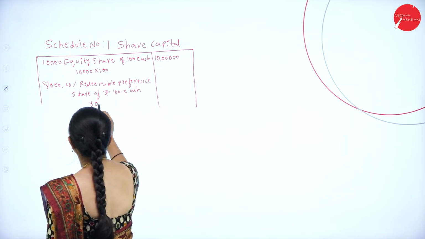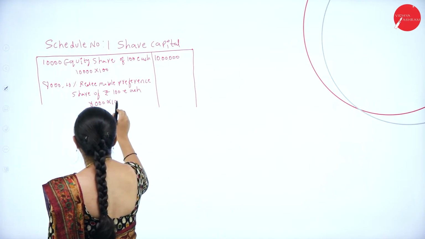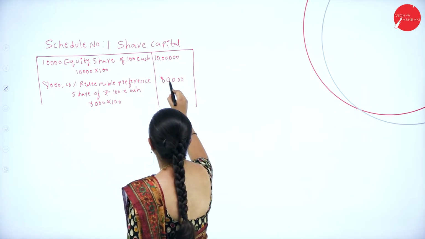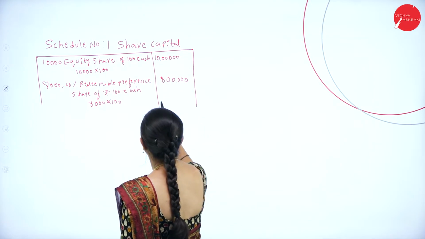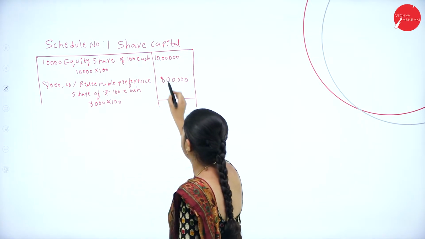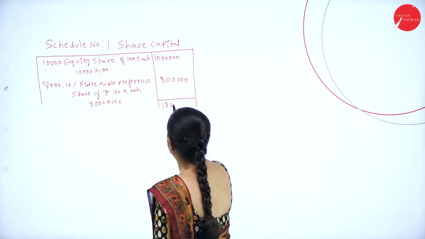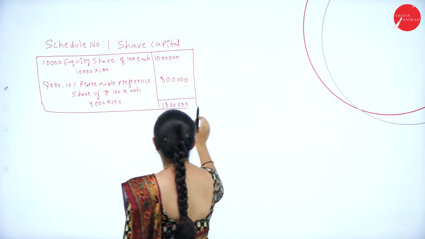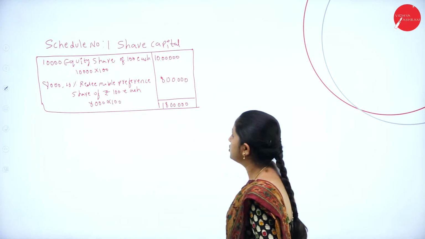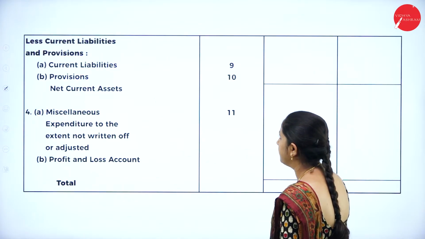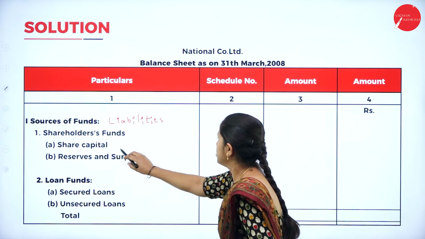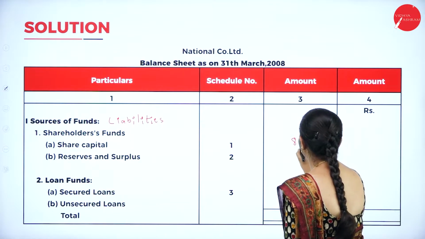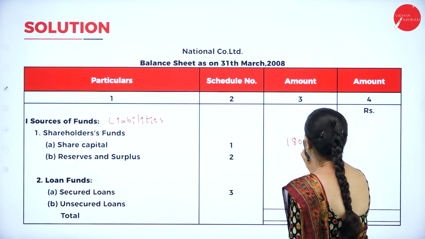So 8,000 shares of rupees 100, that is 8 lakh. So now make a total: 10 lakh plus 8 lakh, 18 lakh. Now we got the answer for Schedule 1. Schedule 1 is 18 lakh. So write share capital, Schedule 1, amount is 18 lakh.